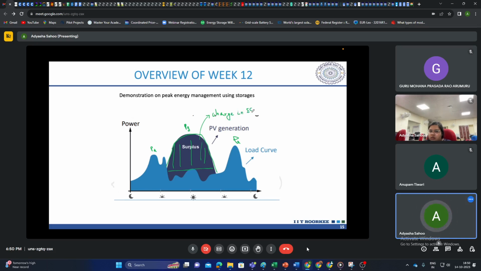Charge the energy storage during peak PV generation, and we can discharge the stored energy in peak demand, here and here.